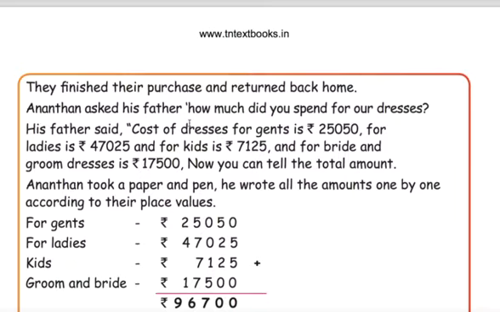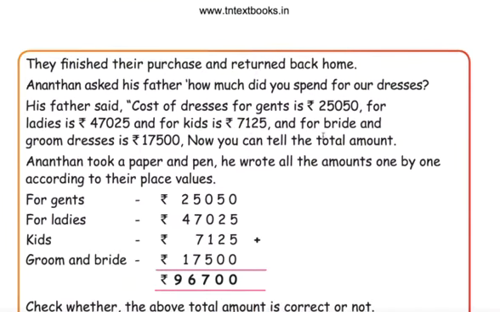His father said, "The cost of the dresses for gents is 25,050, for ladies is 47,025, for kids is 7,125, and for bride and groom dresses is 17,500. Now you can tell me the total amount." That is what his father said.